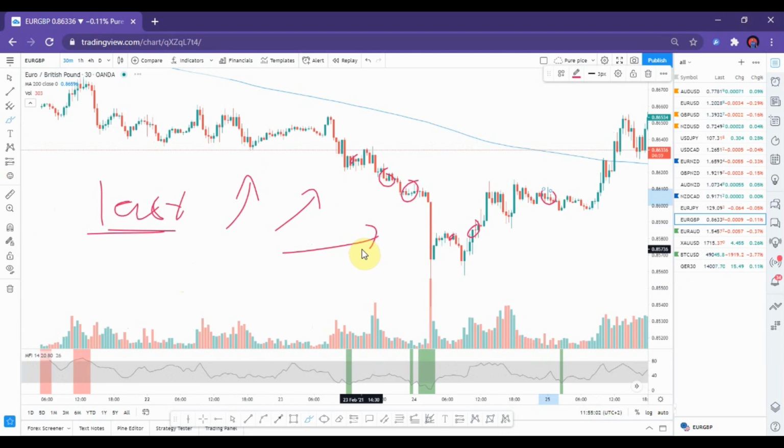You can see that it keeps on appearing even in a place where it is not even a reversal, or it is not applicable to the kind of system we learned on how to apply that particular candlestick pattern. So that's the main important thing.